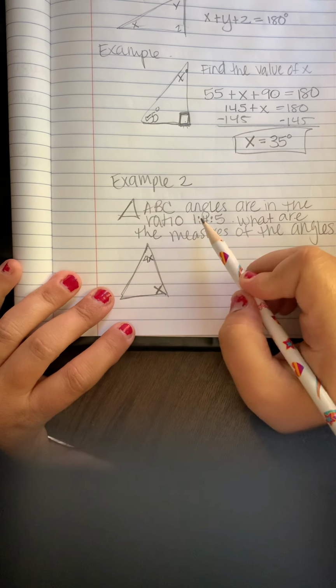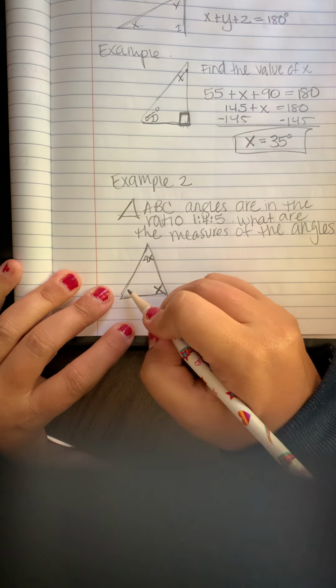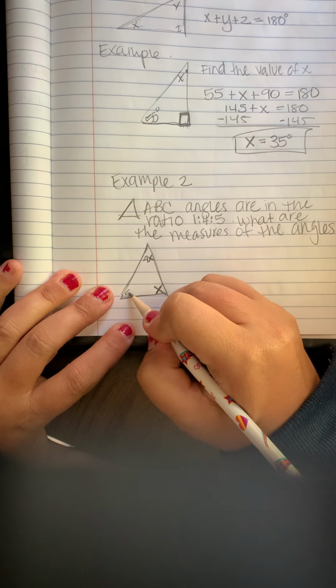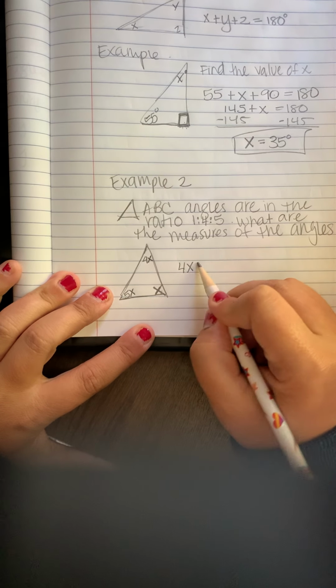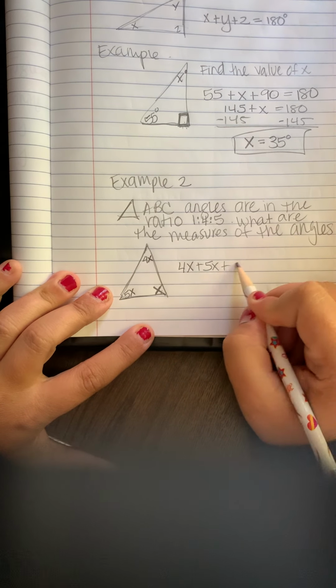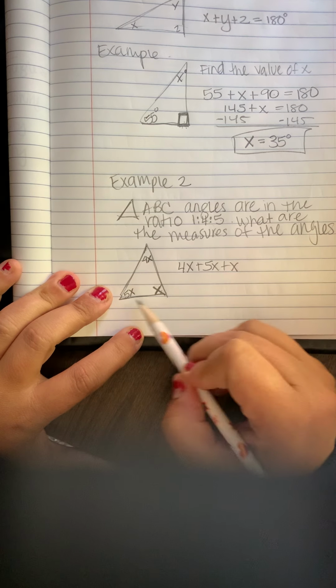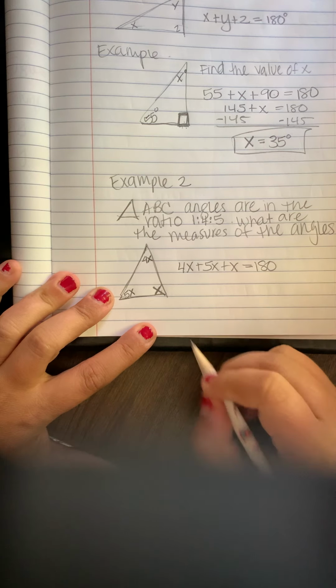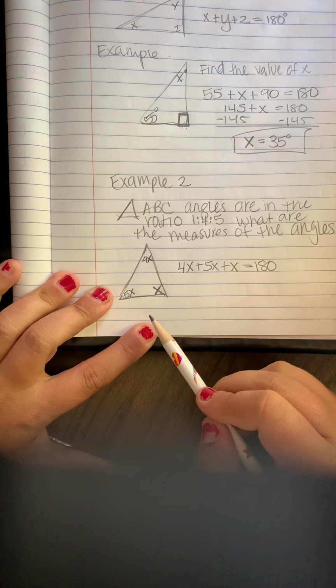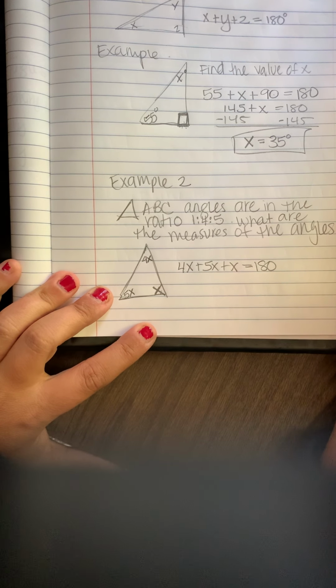And then I have a 1 to 5 ratio, which means that this angle over here is 5 times as large as this original angle also. So I have 4x plus 5x plus x, and all of those combined have to equal 180 degrees, because I have a triangle and all triangles add up to be 180 degrees.